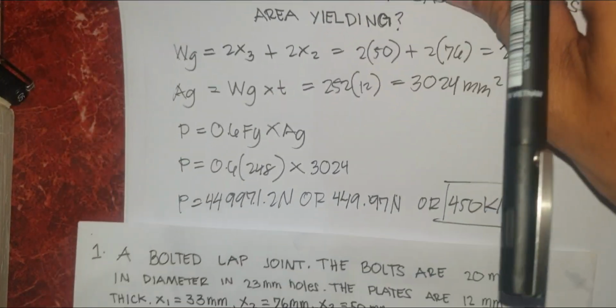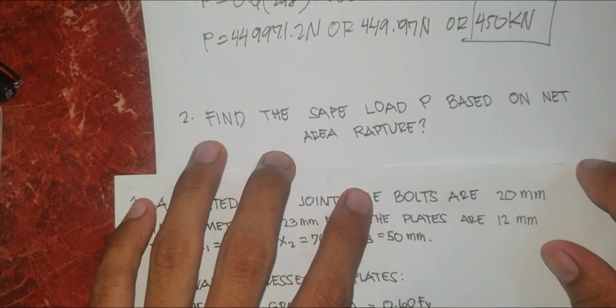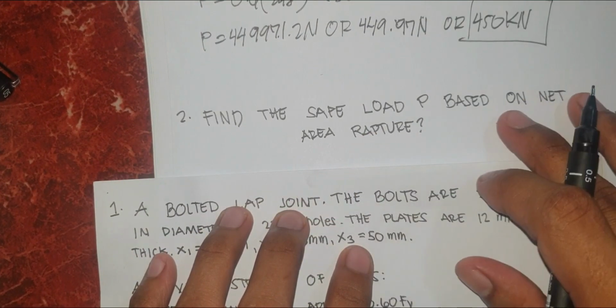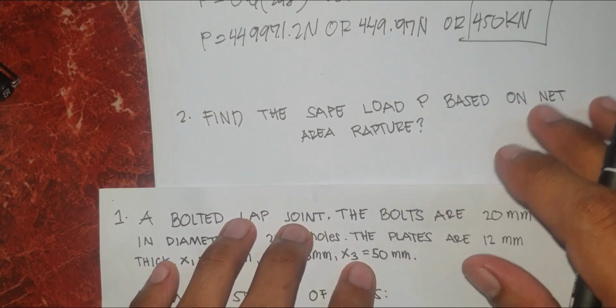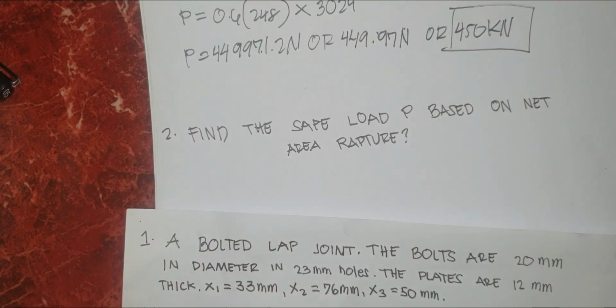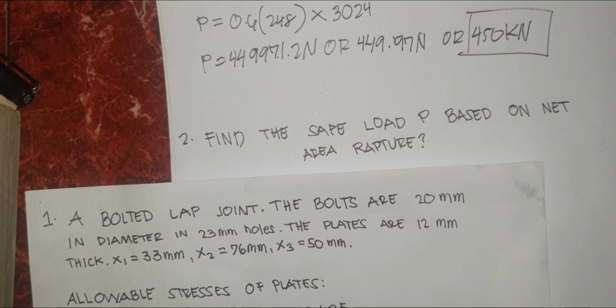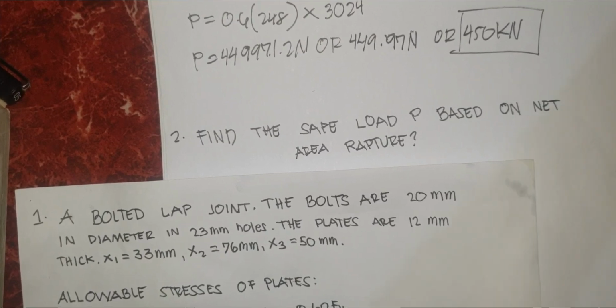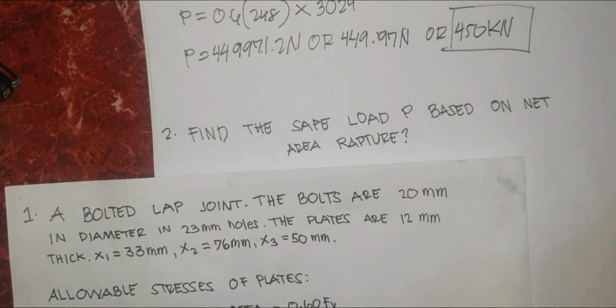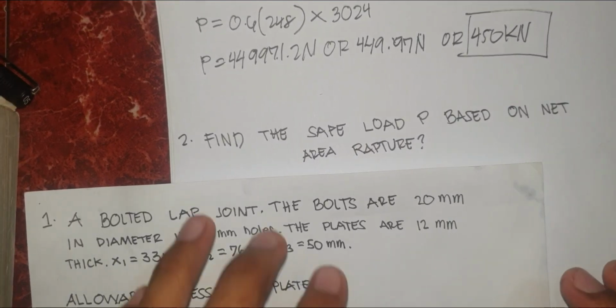And question number two is to find the safe load P based on net area rupture. Like before, we need to find the net width.